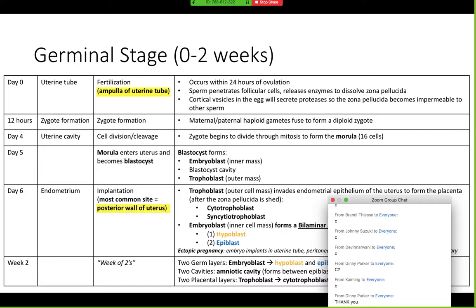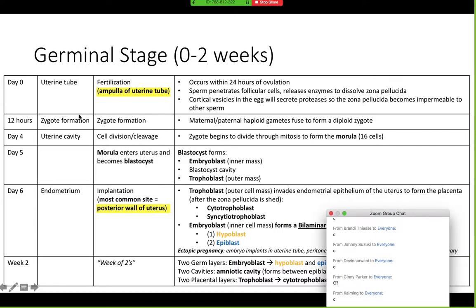So during week 2, what's happening? During week 3, what's happening? During week 4, what's happening? If you can get that far, I think that's good enough for the exam, because when he got beyond that, he said something like, don't worry about this, I'm just adding it for completeness' sake. So know what's happening at least during the first 4 weeks.